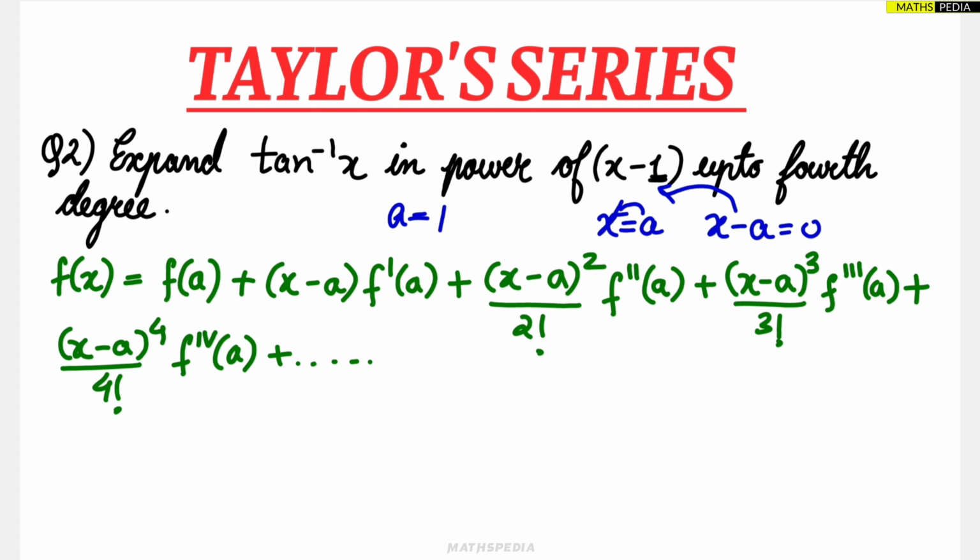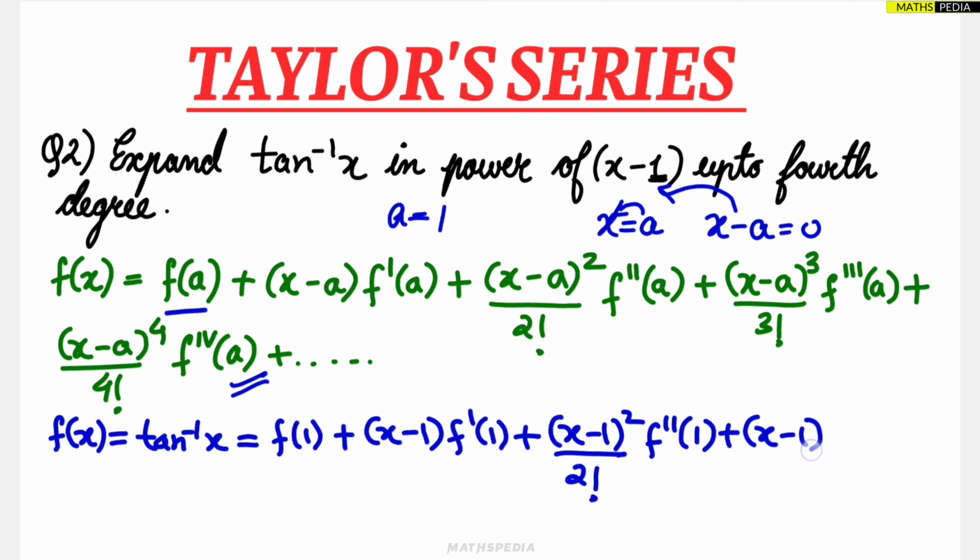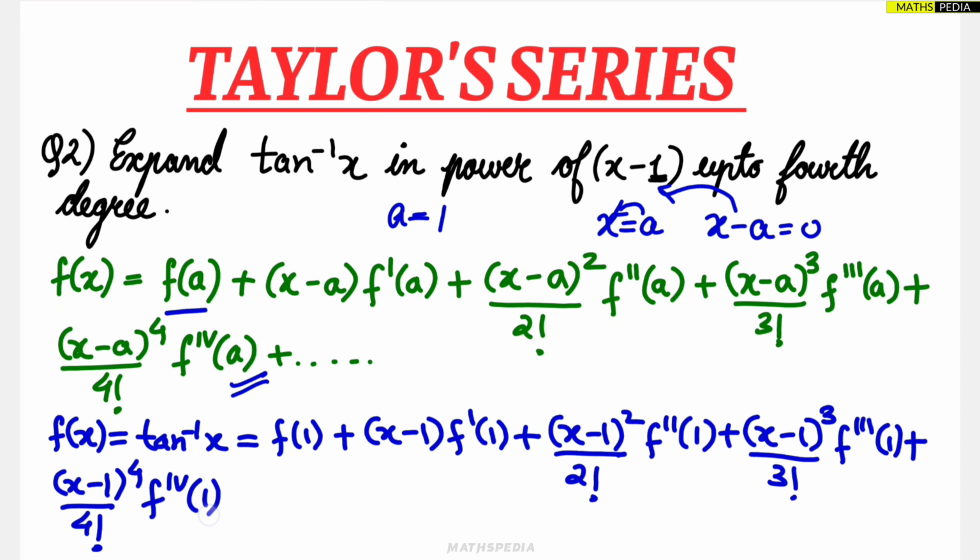Okay. Now if we substitute a value as 1, so f of x, tan inverse of x, equal to, now this expression becomes f of 1 plus (x minus 1) into f dash of 1 plus (x minus 1) the whole square by 2 factorial into f double dash, means second derivative, plus (x minus 1) the whole cube divided by 3 factorial into the third derivative, right, plus the last term (x minus 1) power 4 by 4 factorial into the fourth derivative, where a value is 1.